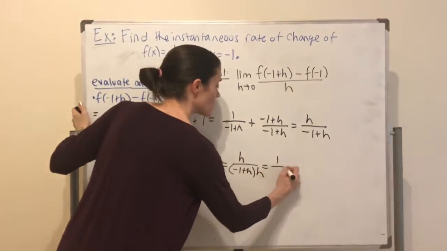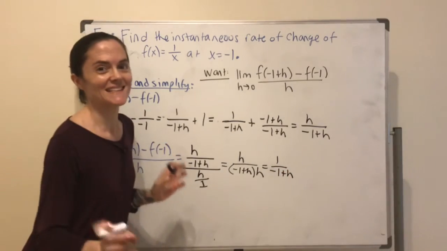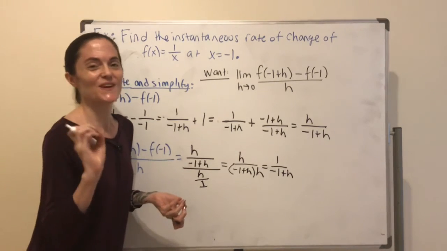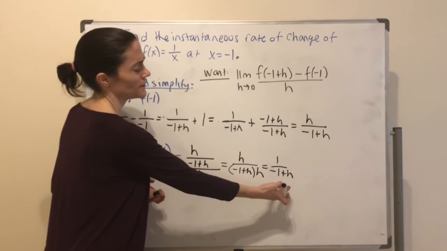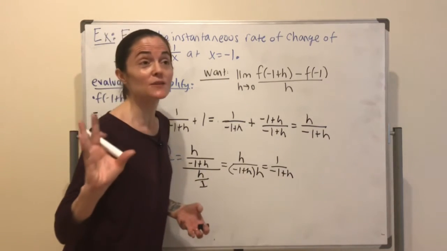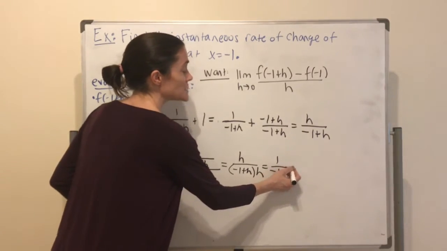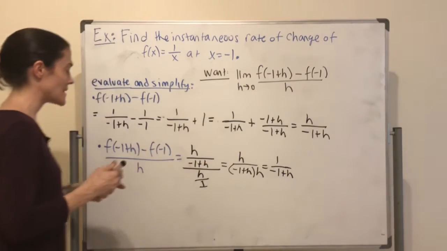This is 1 over minus 1 plus h. If this was handed to you and you're asked, what happens when h gets very, very small, very close to 0? Well, just substitute h equals 0. And you see minus 1. So through this simplification, we can now evaluate the limit.